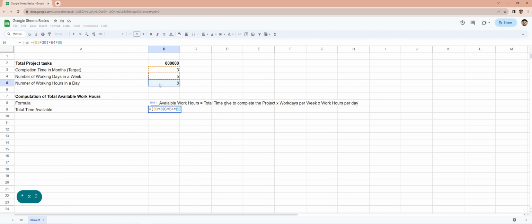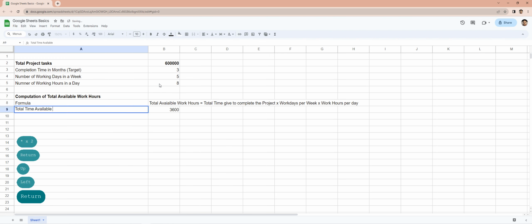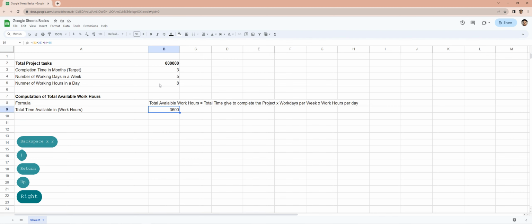This will get us the total available time in work hours. So the total time available for us to complete the task in work hours is coming to 3600.